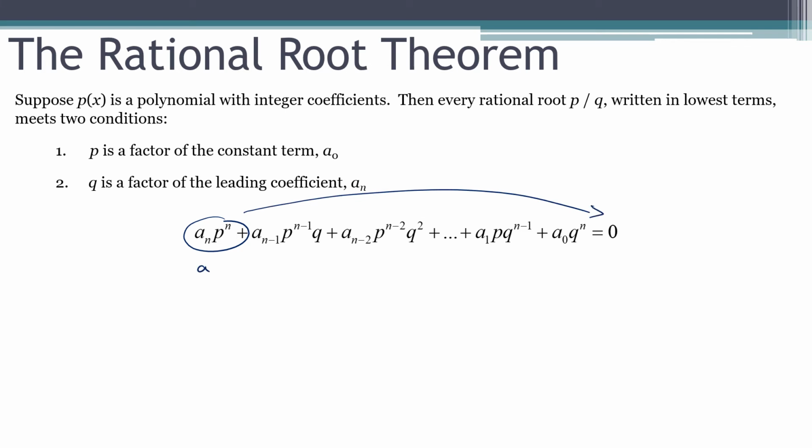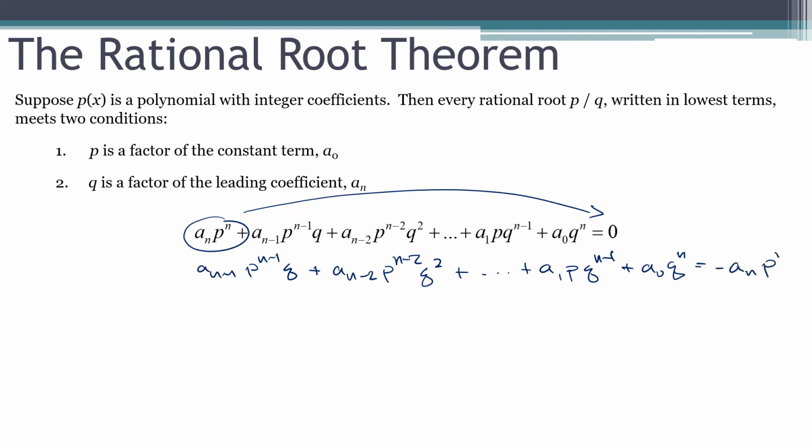This will turn into a n minus 1 p to the n minus 1 q plus a n minus 2 p to the n minus 2 q squared plus so on, a1 p q to the n minus 1, plus this constant term, equals negative a n p to the n.